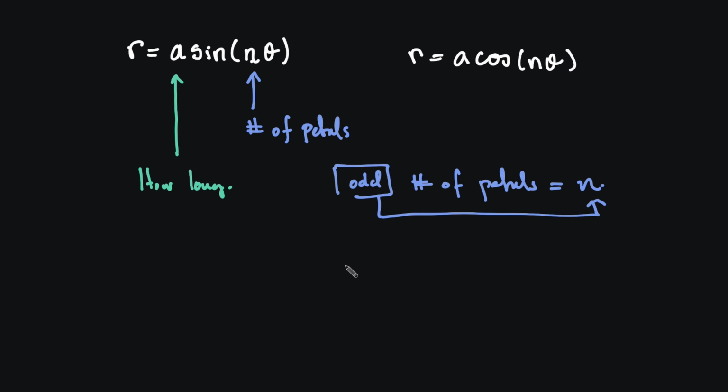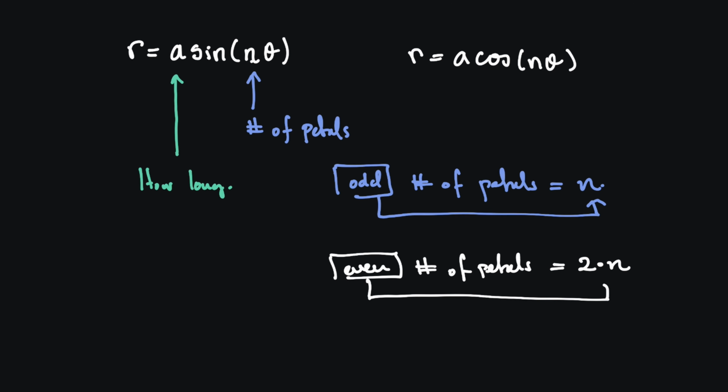If n is even, the number of petals is going to be equal to 2 times n. So if this is 2, then the number of petals must be 4 because 2 times 2 is 4. That is how we're going to use the information in the equation to graph the roses.